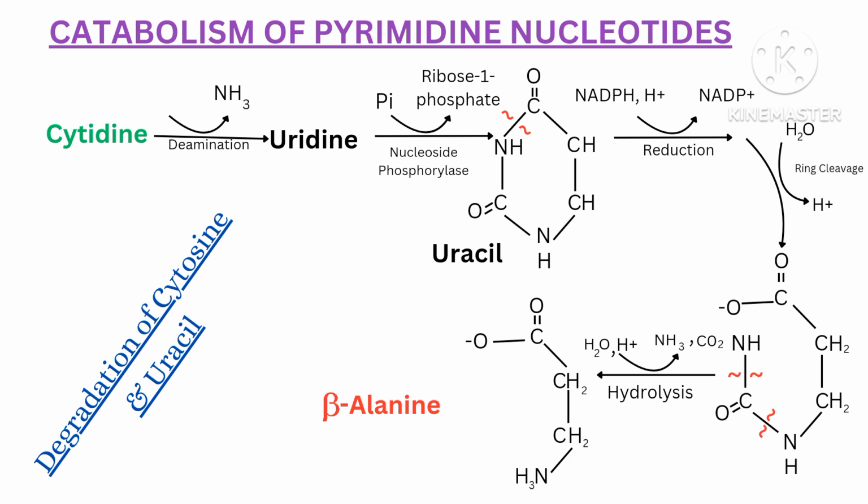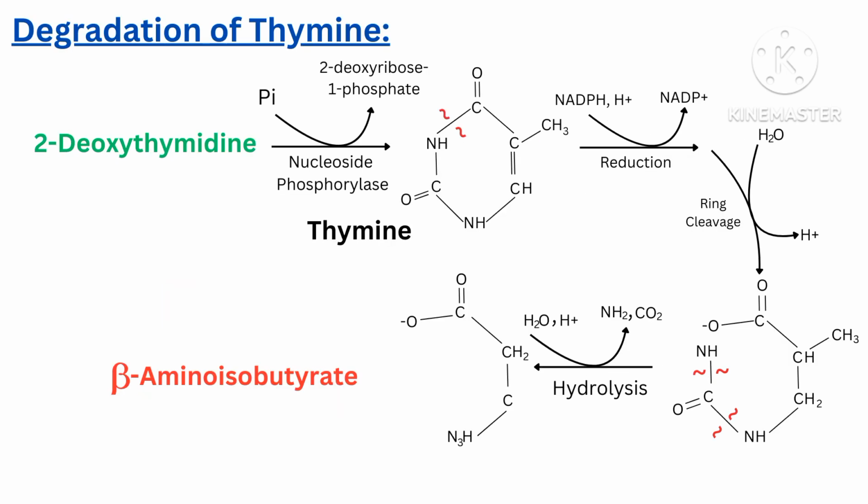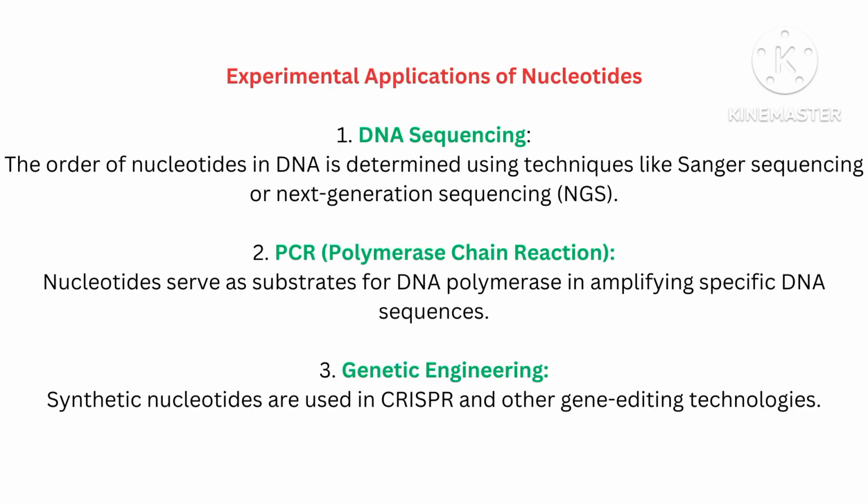UMP and CMP are degraded to uracil and cytosine, which generate beta-alanine, which is subsequently converted to malonyl-CoA and used for fatty acid synthesis. dTMP is degraded to thymine, which is converted to beta-aminoisobutyrate, and next converted to methylmalonyl-CoA, and then to succinyl-CoA used in the TCA cycle. Beta-aminoisobutyrate and beta-alanine can also be excreted.